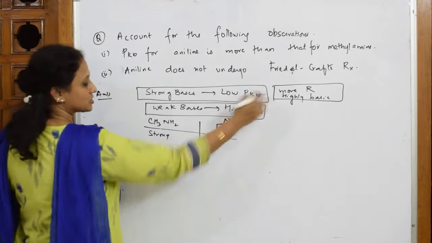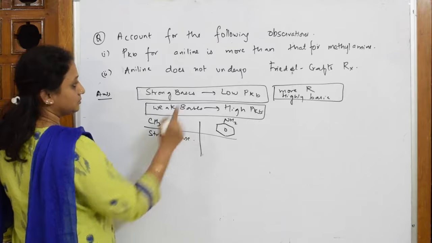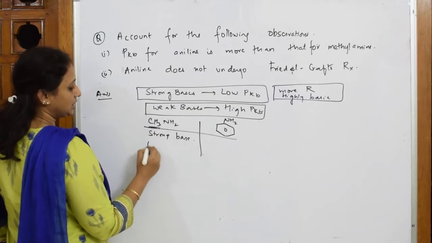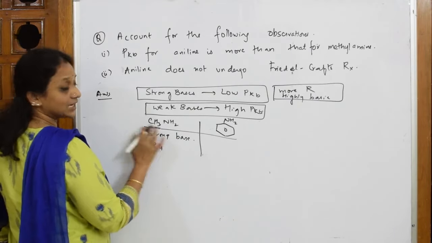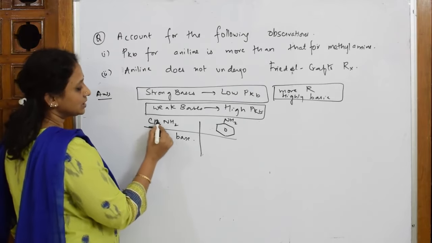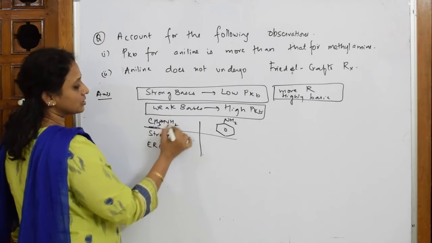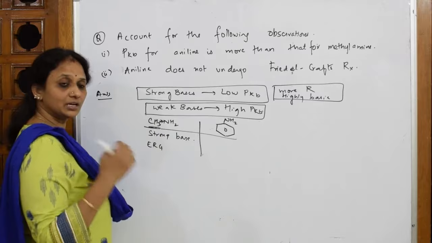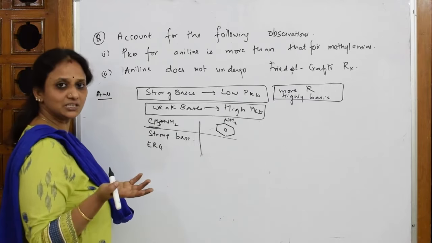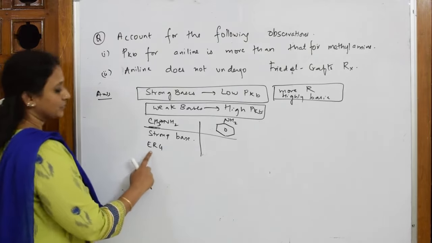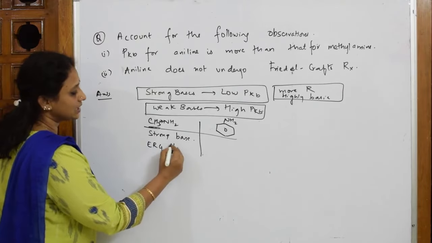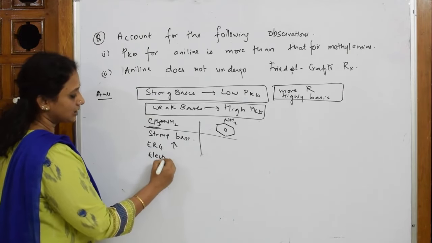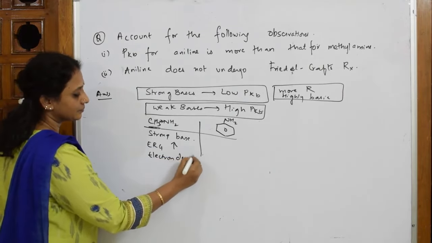Why? Based on this concept. Because of the electron releasing methyl group. This is releasing electrons, isn't it? When it releases electrons, your electron cloud becomes more and more, and it easily donates electrons. Hence basic. So an electron releasing group increases electron density.